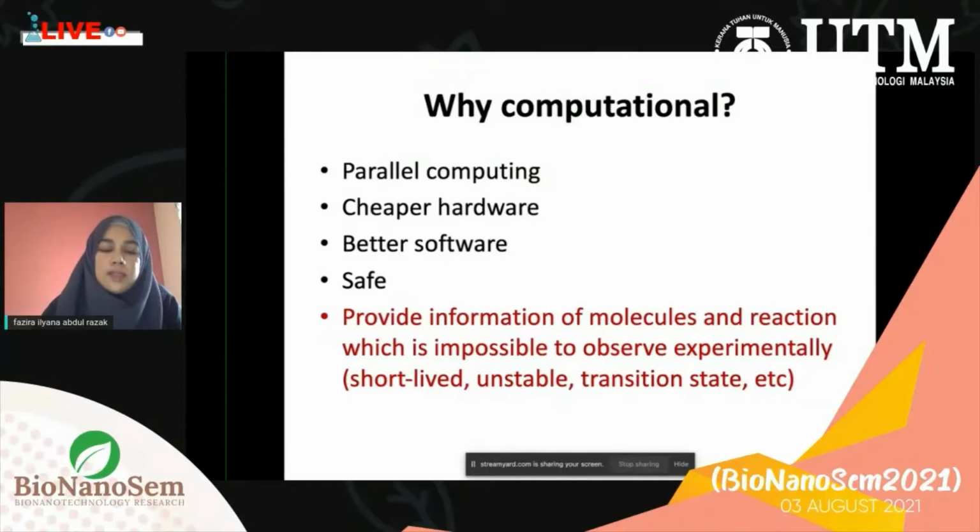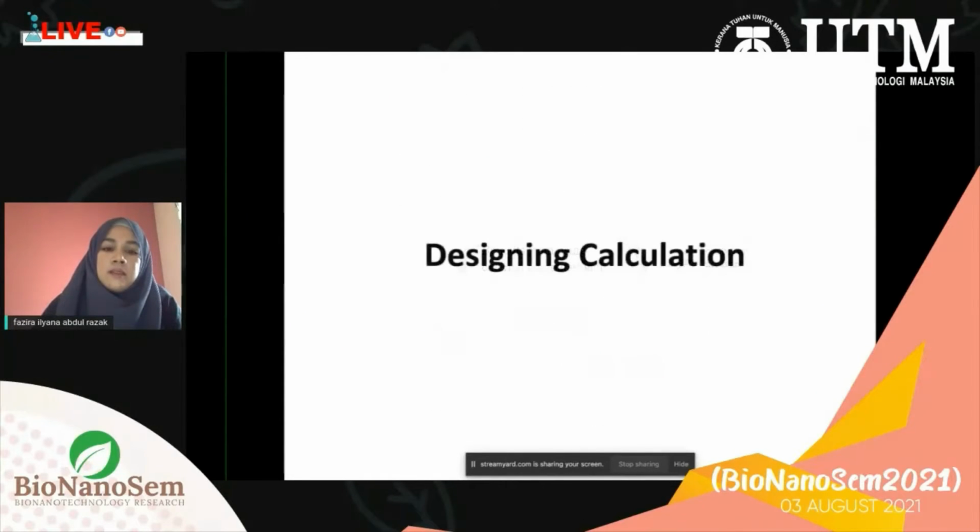But this existed long before the pandemic, because we have parallel computing, cheaper hardware nowadays, better software, and the method is much safer than doing wet lab, of course. Most importantly, you can get information on molecules and reactions that is impossible to observe experimentally.